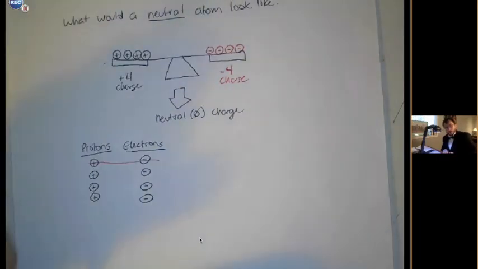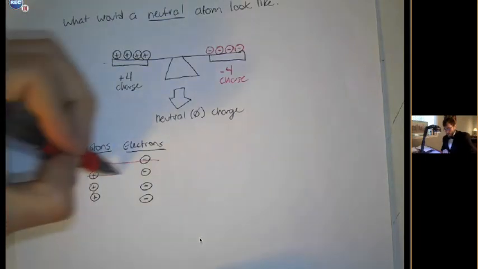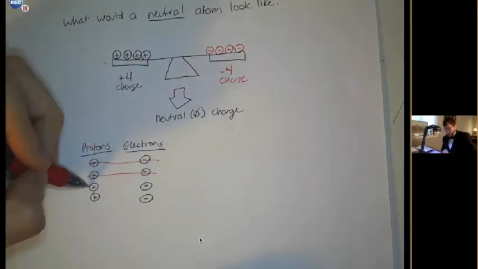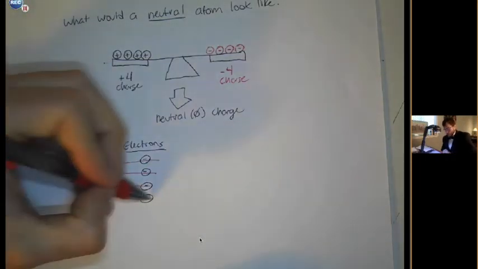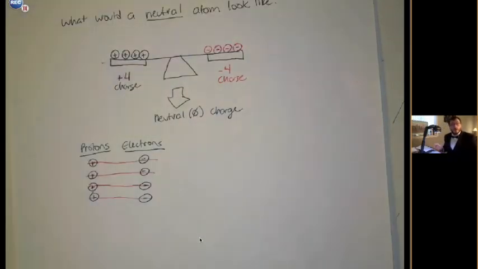Those 2 cancel out, those 2 cancel out, those 2 cancel out, those 2 cancel out. What do we have left over? The answer is nothing. We don't have a positive charge left over. We don't have a negative charge left over. So that means that this atom that we just built with 4 protons and 4 electrons is completely neutral. It has a charge of 0.